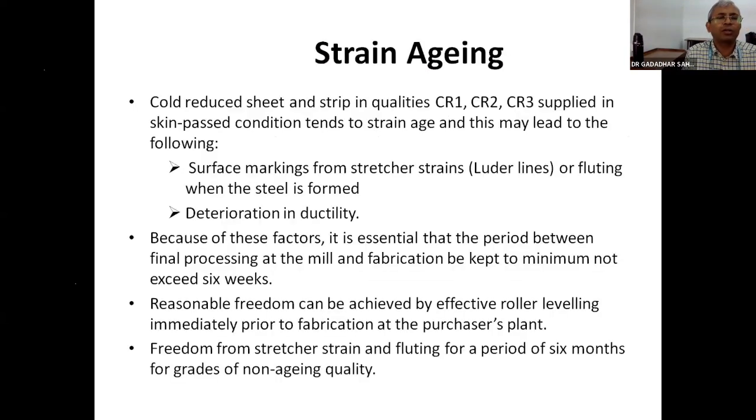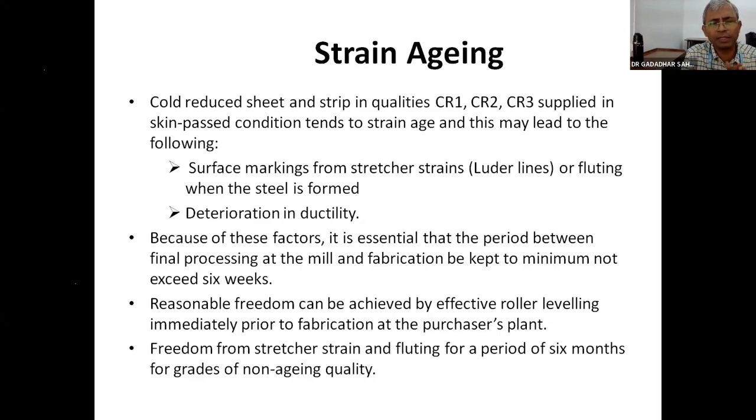Okay, then strain aging is another factor. Our marketing people might also be facing it sometimes. What happens is that interstitial elements like carbon and nitrogen, if the material is kept for some time, shift to the dislocation position.